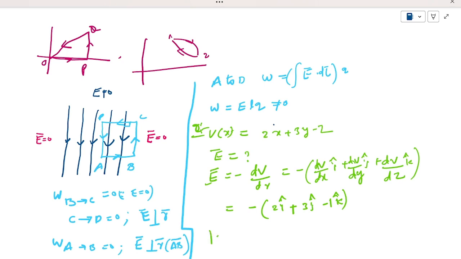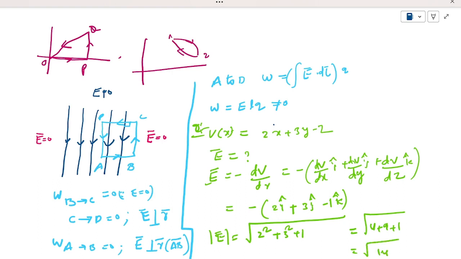Now the magnitude of E bar is equal to, this minus will not come, root over 2 squared plus 3 squared plus 1, that is root of 4 plus 9 plus 1, which equals root 14, that is 3.7416.